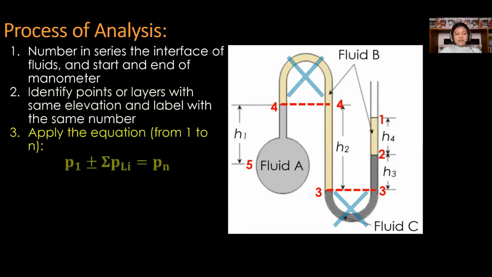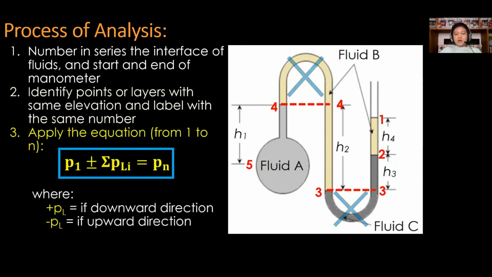So for process 3, apply the equation that is P sub 1 plus or minus the sum of P sub L equal to P sub n, wherein P1 is the first point, P sub n is the last point, and what is this plus or minus P sub L? So we will consider plus pressure of liquid if downward direction.